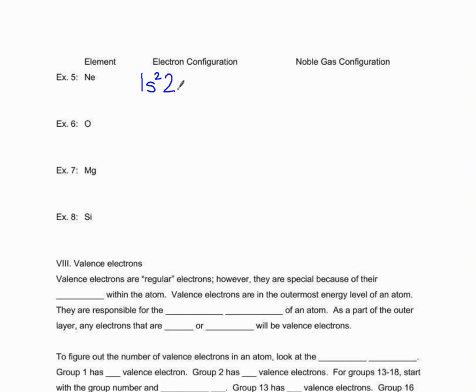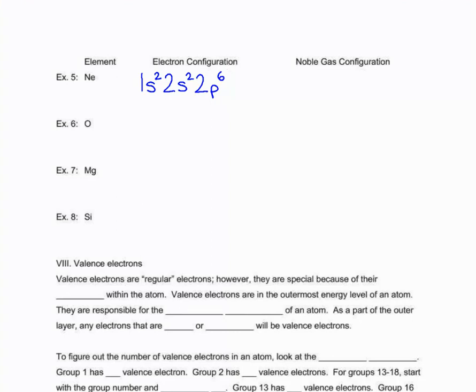The second energy level begins with the S, and looking at that box, you have 2 electrons there. Also in the second energy level, you have the P sublevel. And for neon, if you're looking at your orbital diagram on the previous page, you see 6 arrows representing 6 electrons.